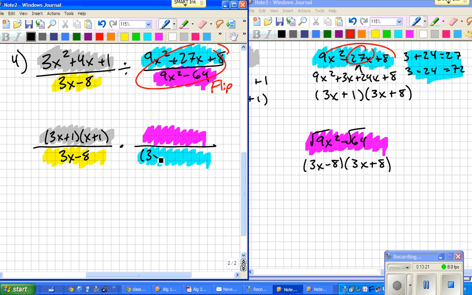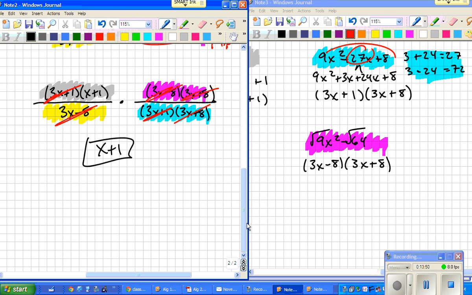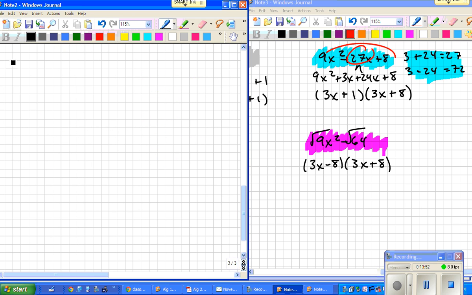All right, and then when you do that, it breaks down to 3x plus 1 and 3x plus 8. And then the 9x squared minus 64, both of those are perfect squares. So 3x minus 8, 3x plus 8. Okay, and then you start finding the things that are the same and cancel them out. And then all you're left with is x plus 1. Okay? All right.